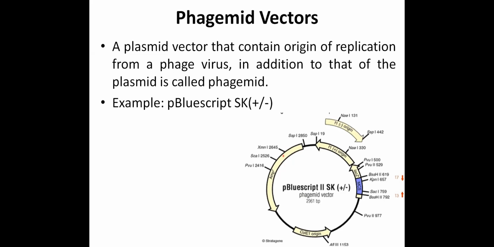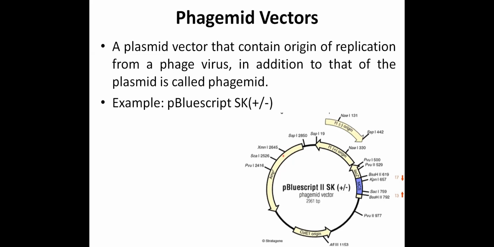One origin of replication from plasmid, and one origin of replication from bacteriophage. Here, an example of phasmid vector is the Bluescript vector. Here you can see that it has the origin of replication from the E. coli plasmid, E1, and it also has the origin of replication F1, which is the origin of replication for the phage virus.